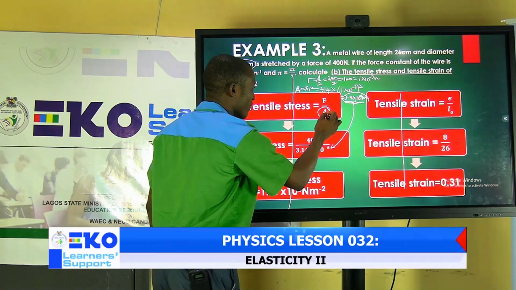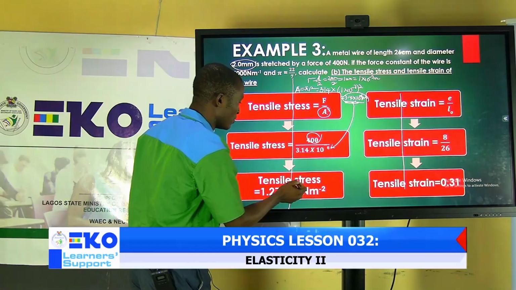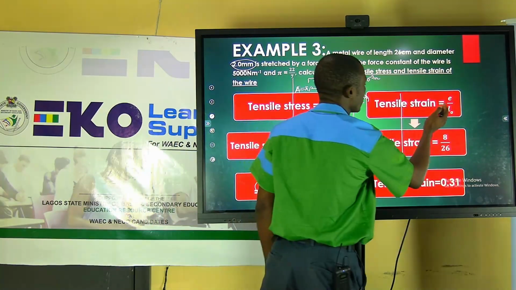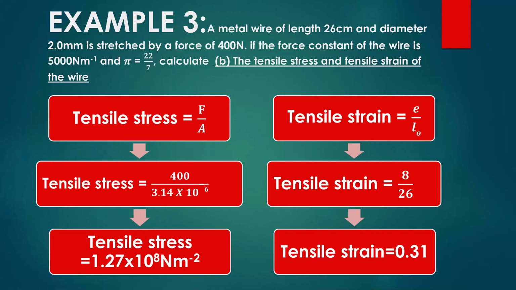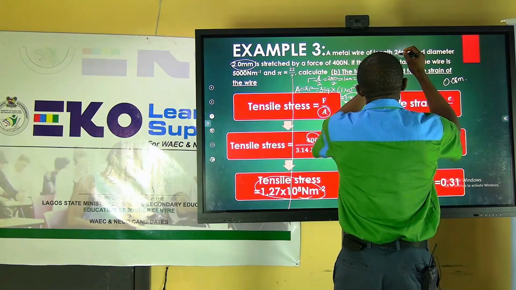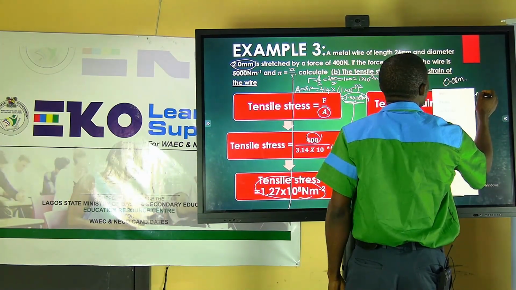So the area we got here, we just move it here. That's force over this area. The force here is given as 400 Newton. 400 over this value will give us this. So this is our tensile stress. The tensile strain is given as extension over original length. The value of extension we got was 0.08 meters, and the length is given as 26 centimeter.